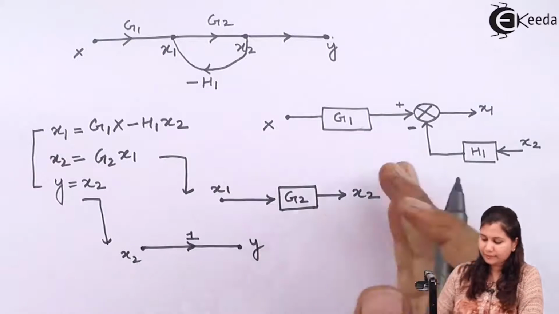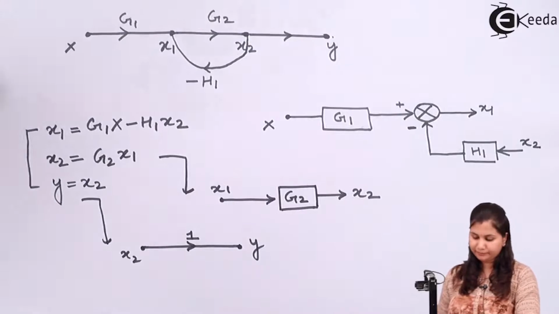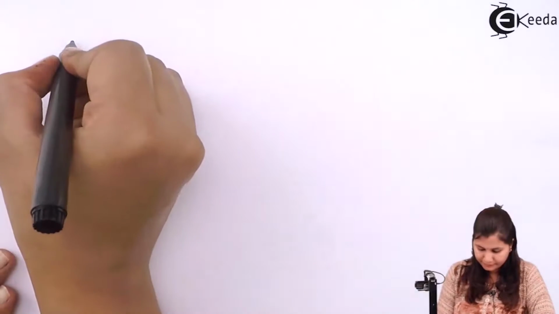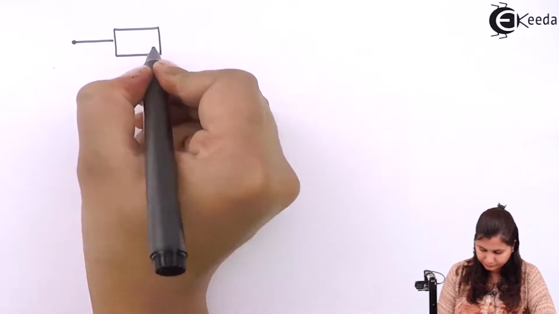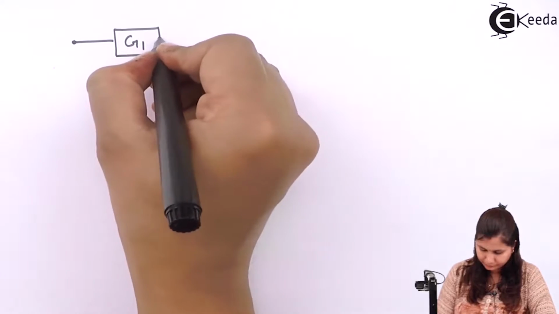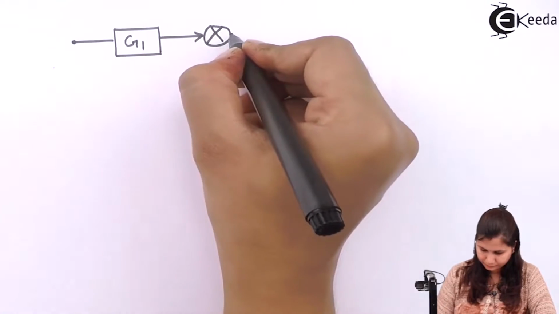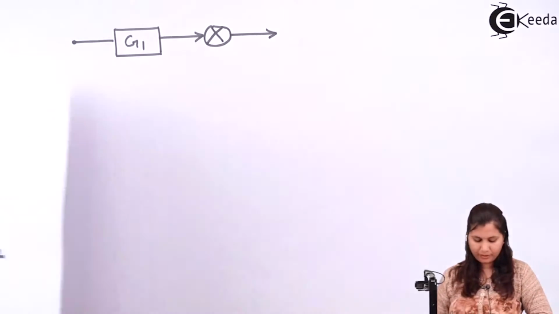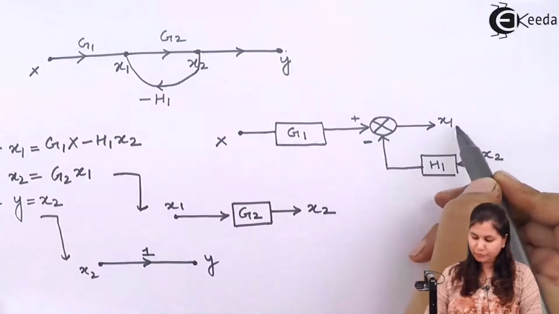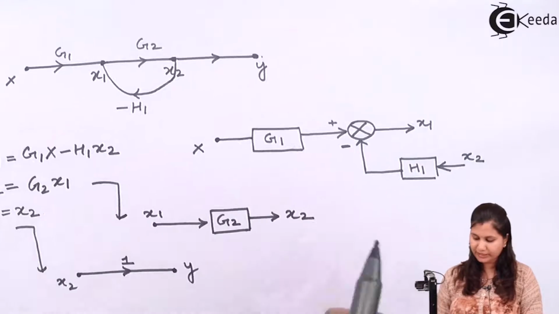Now just combine these 3 block diagrams, and you will get the complete block diagram. The first part is this, so we will redraw here. The output was x1, and this x1 is multiplied with g2, so we will get x2.